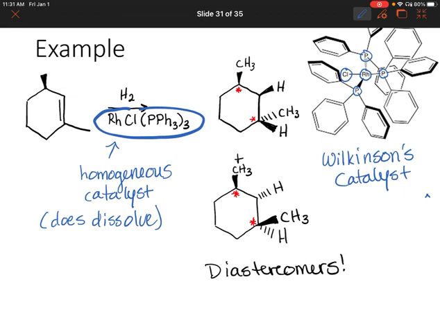And with the chiral version, you can get a mixture of products, and you can kind of control a little bit the stereochemistry of your products. So there would still need to be some method of separation. You don't get a completely pure product, but that is one way to kind of control the chirality of your product. So that's another use for Wilkinson's catalyst.